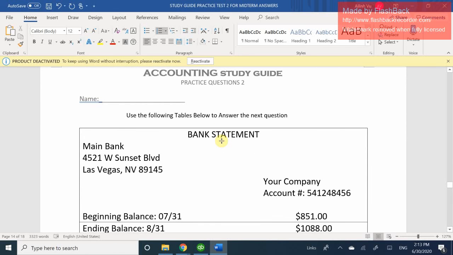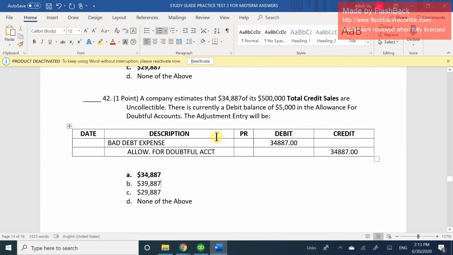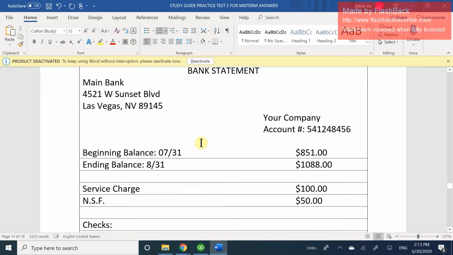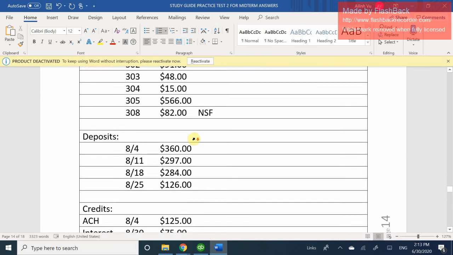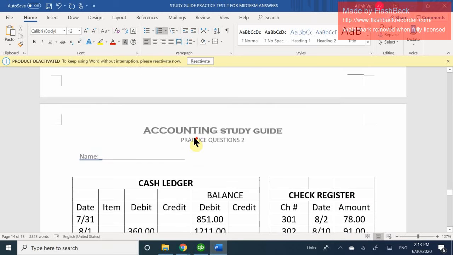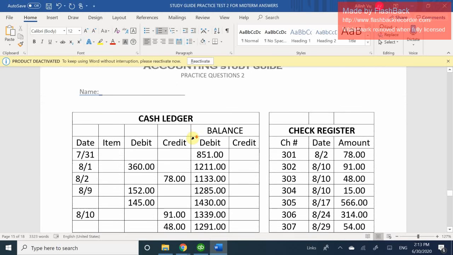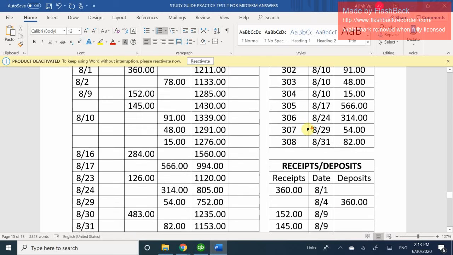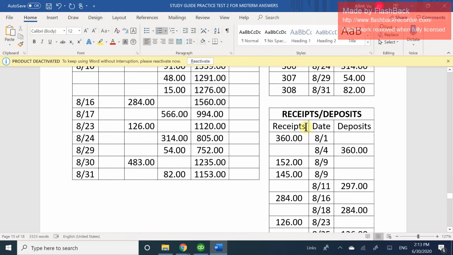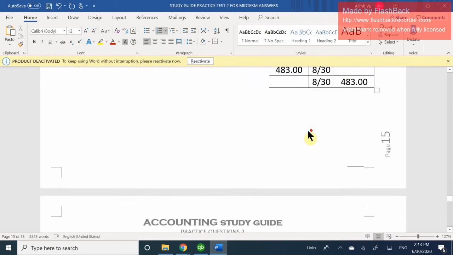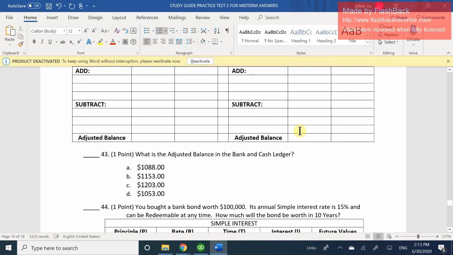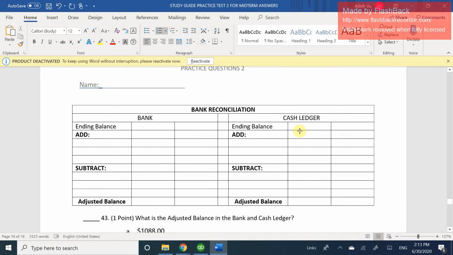Okay, so for question number 43, I gave you a series: here's a bank statement, here is your cash ledger, as well as your check register and your deposits and receipts, and then here is your bank reconciliation. So what do you want to start on, the bank or the cash side?